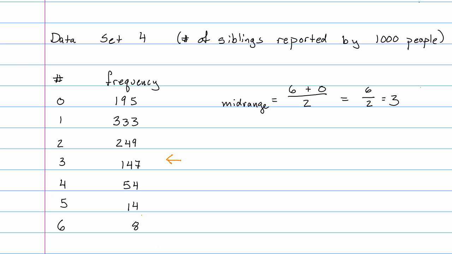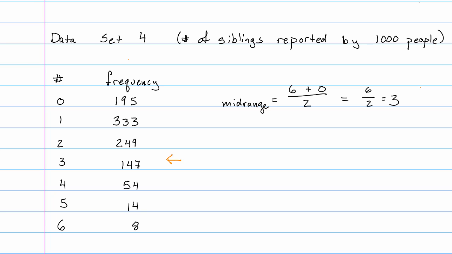That's here. But looking at these frequencies, it looks like way more people have fewer than 3 siblings than have more. It feels like 3 is already starting to be a weird value. If we wanted to be representative, we definitely want to be more like 1 or 2.